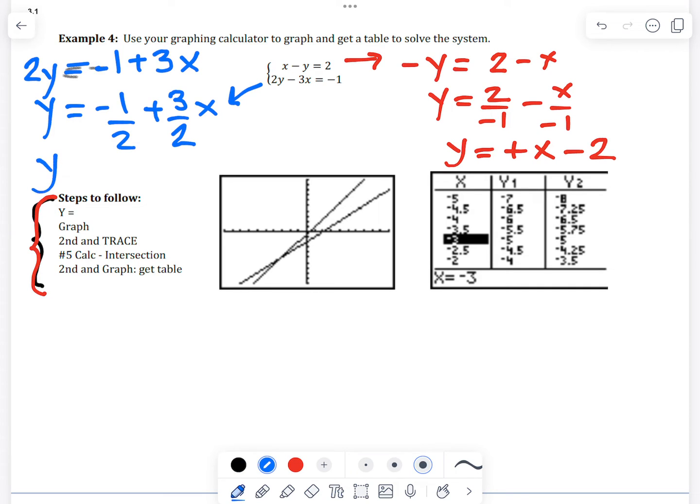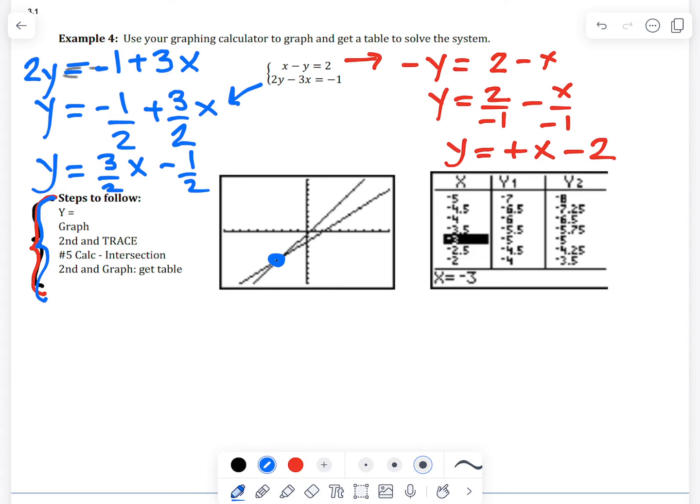So in slope-intercept form, it's positive 3 over 2 x minus 1/2. And again, you would substitute the equation into the graphing calculator using those steps. What will come up are two lines, and they intersect at a point.